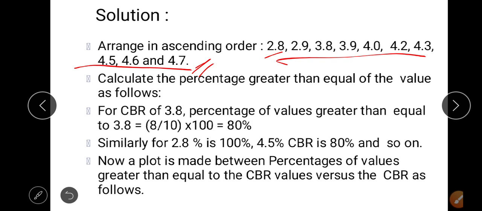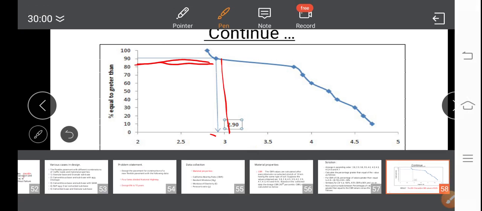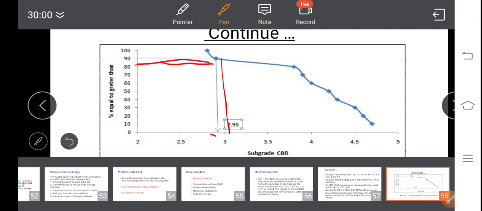Now, a plot is made between the percentage of values greater than or equal to the CBR values versus CBR as follows. This is the curve. Result: the 90th percentile CBR value is 2.9%. At the 90th percentile you have to come down, and that gives you 2.9.